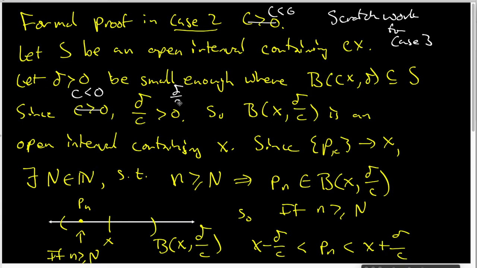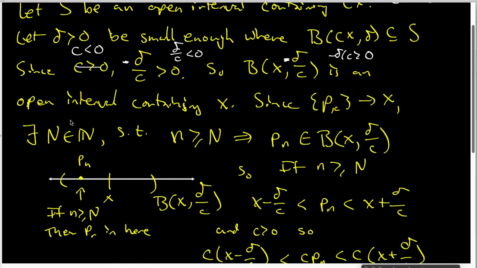Delta over c is negative, so minus delta over c will be positive. And that means I'm going to have to look at the delta ball centered at x of radius minus delta over c, because minus delta over c is going to be the positive number. Well, then, continuing on, we get this open interval containing x.